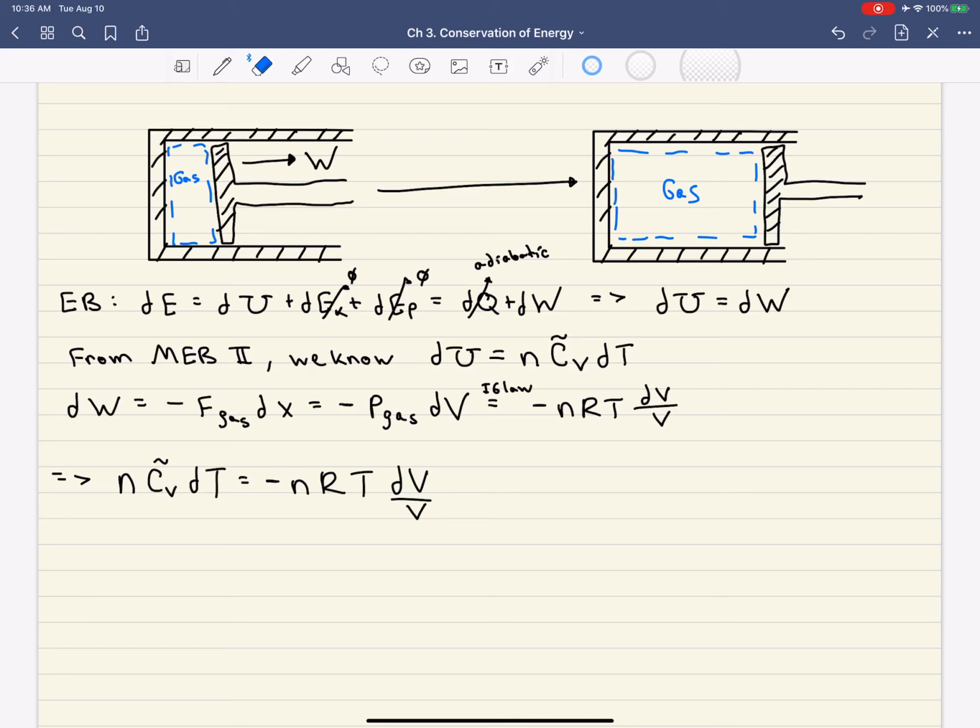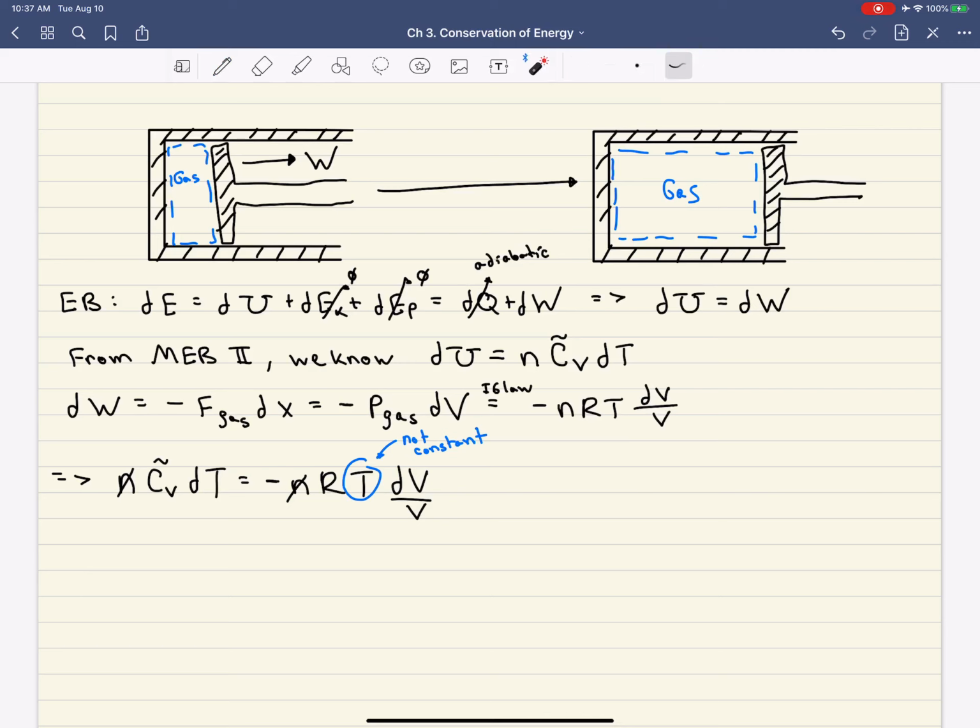Now, of course, the moles are going to cancel out, so we don't need to worry about the moles in the system. I do want to point out that the temperature here, in contrast to the previous scenario we detailed in the last video, is not a constant. Okay? That temperature is going to be changing as we expand the system.